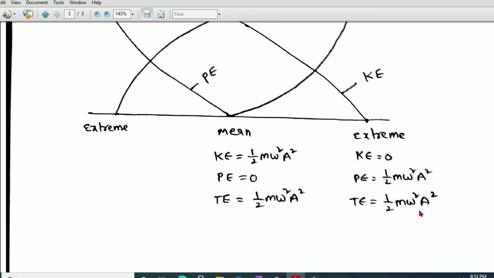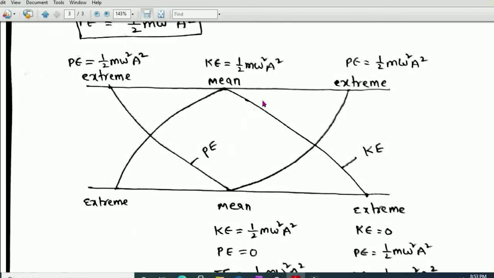Energy can neither be created nor destroyed, but one form of energy can be converted into another form of energy. Here the total energy is in the form of kinetic energy at the mean position, and at the extreme position the total energy is in the form of potential energy. If you see the graphs, the kinetic energy is maximum at the mean position. This is the peak value. As you go towards the extreme position, the kinetic energy goes on decreasing, and at the extreme position kinetic energy becomes 0.